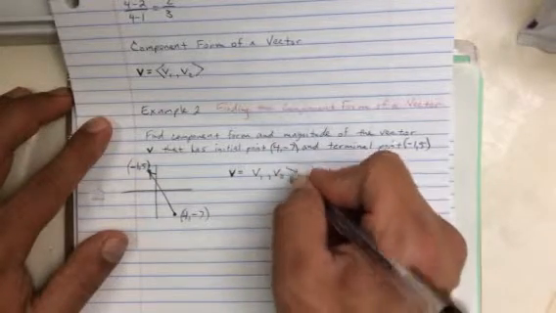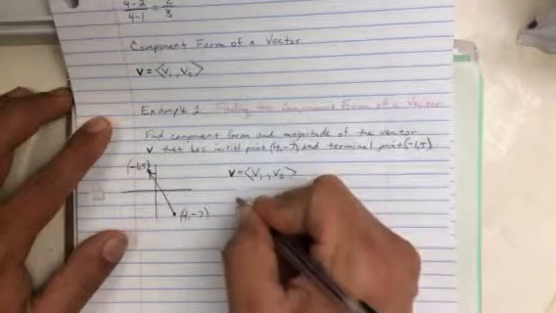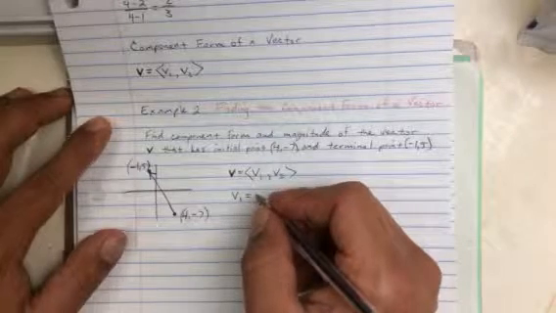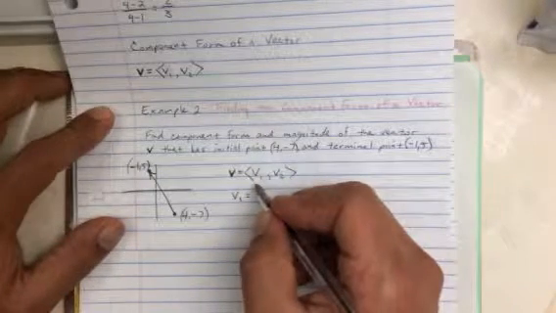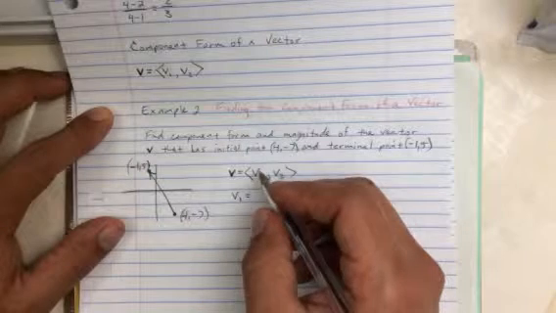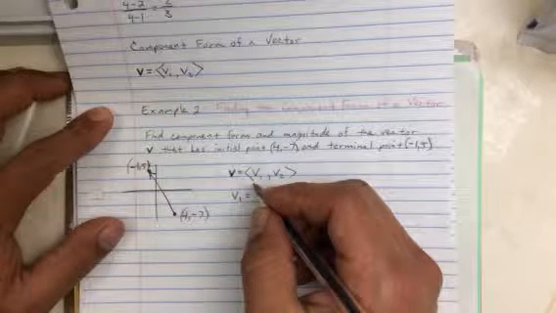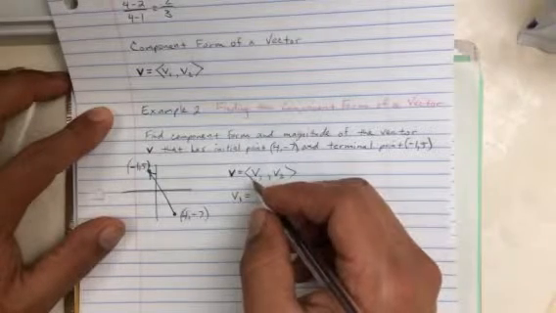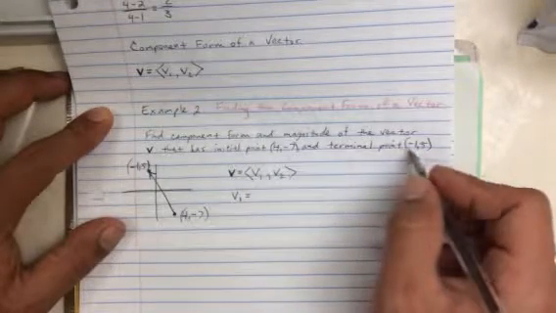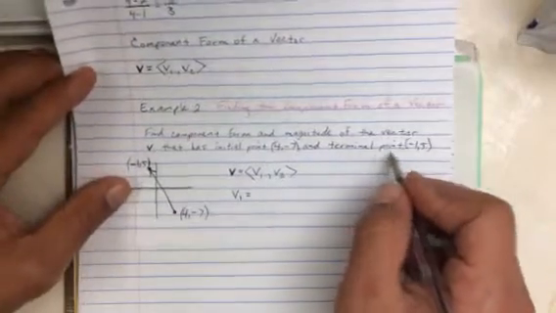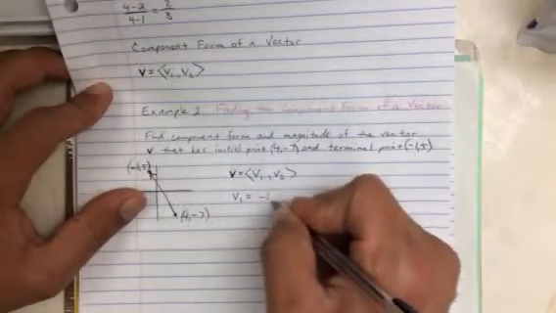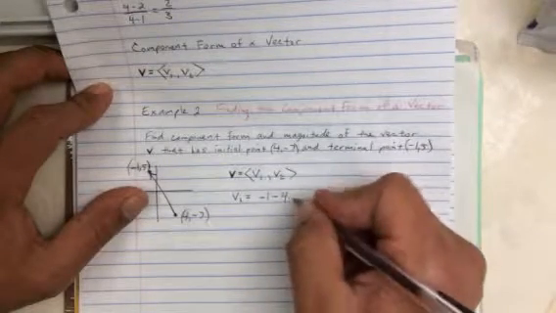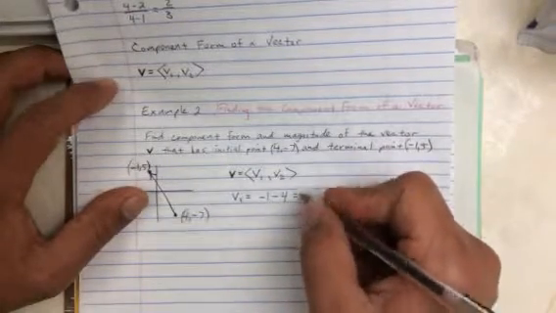First we're going to find v1. So v1 is equal to the second x value minus the first x value. All right, so we need to look at the terminal point, so the second x value is -1, minus 4, and that's going to be equal to -5.